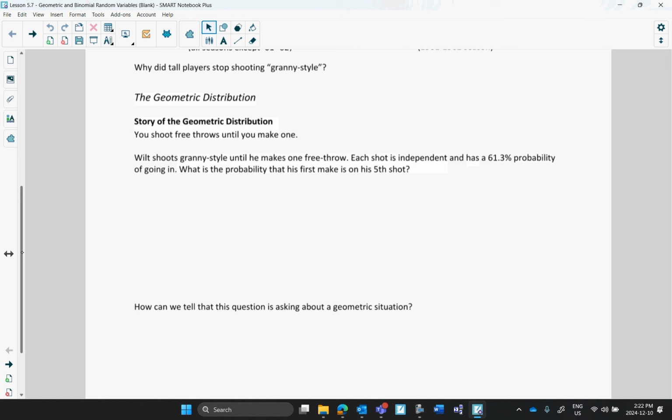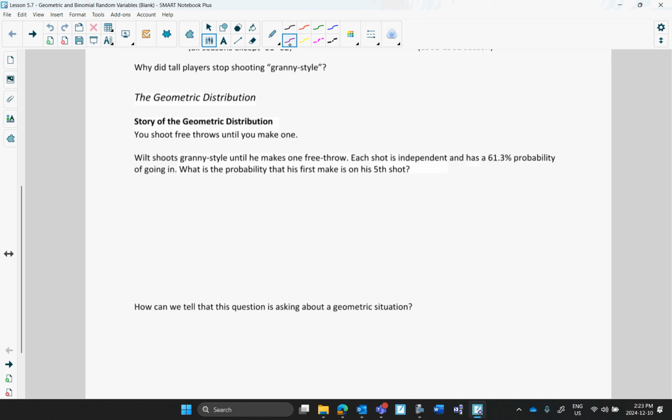Okay, so the value of the random variable is 5. What is the probability that you keep shooting free throws until you make it on the third try? What is the probability that you make it in 4 attempts or less, your first shot? Right? Things like that, which you guys should be able to answer with what you know already about probability.